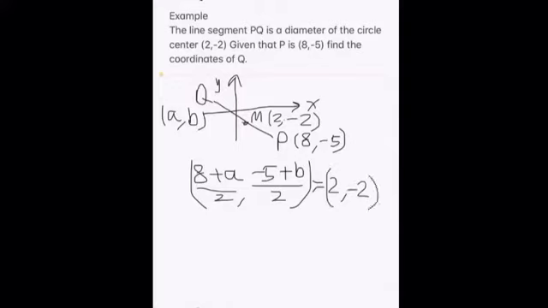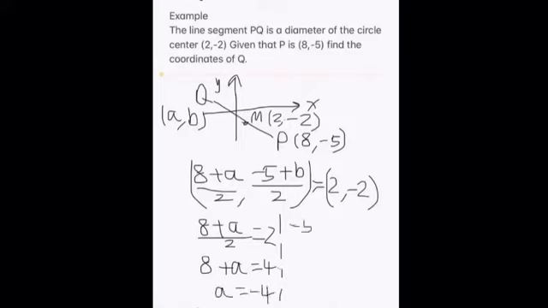So the corresponding equation is (8 + a) divided by 2 equals 2, and you get that a equals -4. And (-5 + b) divided by 2 equals -2, so b equals 1. Since the coordinates of Q are (a, b), it is (-4, 1).